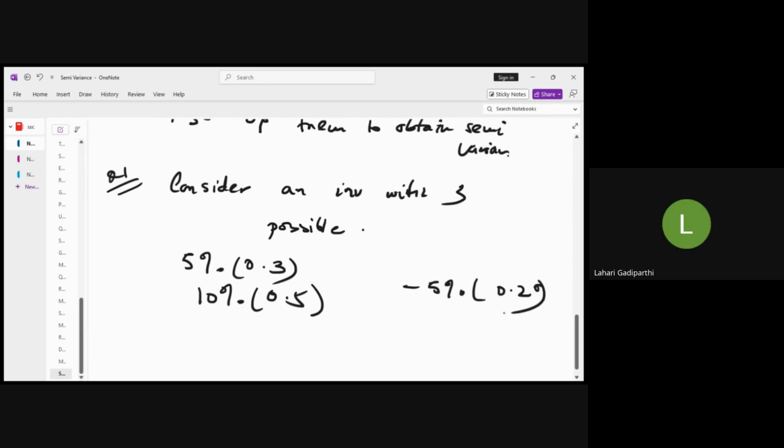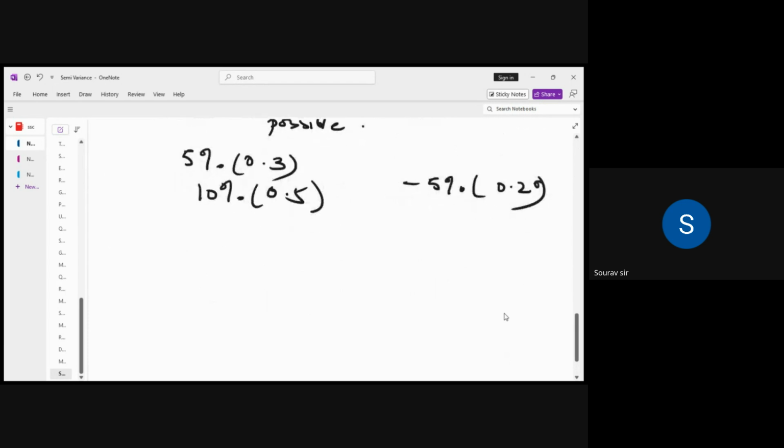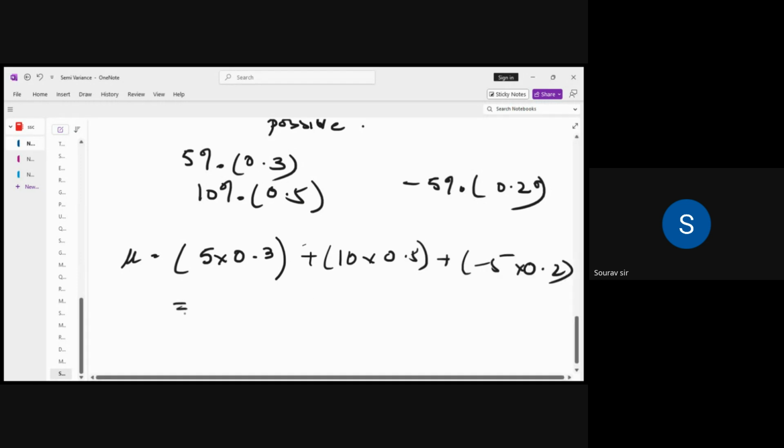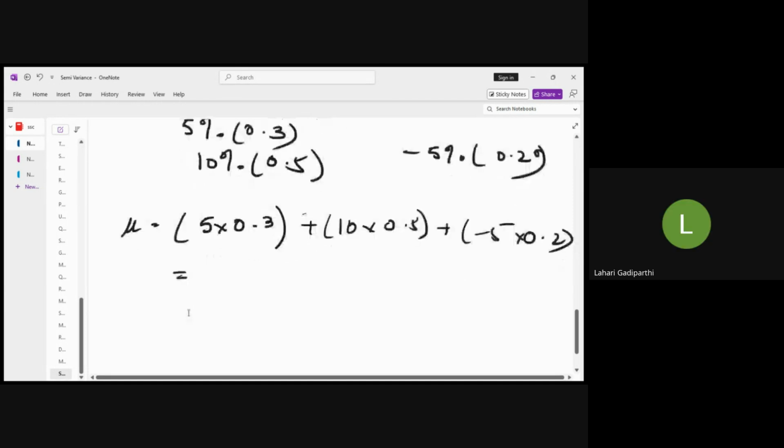Here, if I have to compute the mean, how will I calculate? Mu will be 5 multiplied by 0.3 plus 10 multiplied by 0.5 plus minus 5 multiplied by 0.2. If we calculate, it comes to 5.5%. This is step 1.